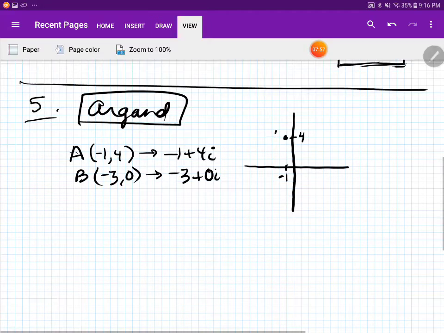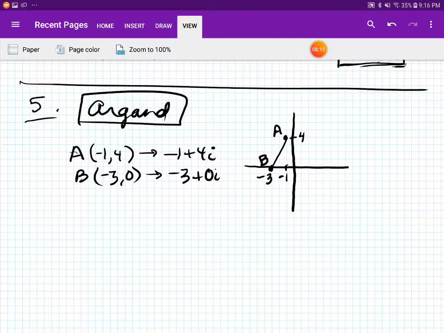Okay, so this one is point A, and -3, 0 is right here. That's point B. Now I get their picture, and they want to know the complex numbers for C and D. Squares are perpendicular, so I want to use the perpendicular thing.